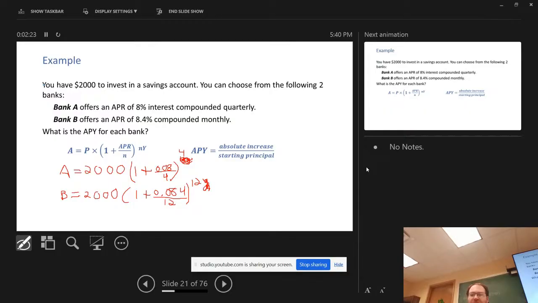So using the calculator, the first one I got, let's see if you agree, 2,164.86.